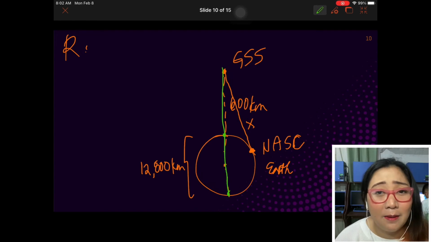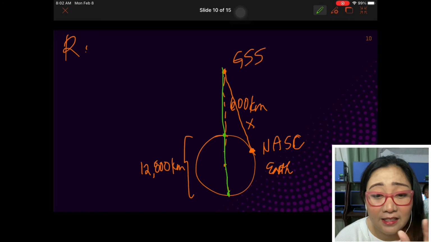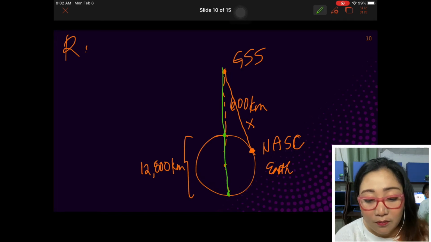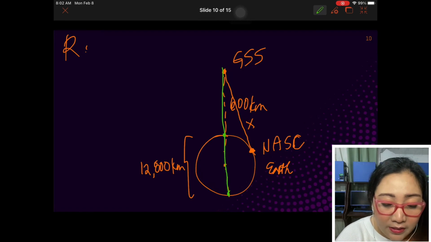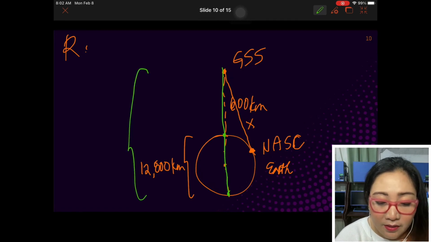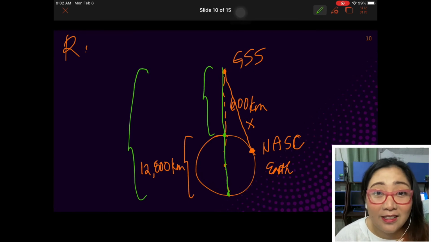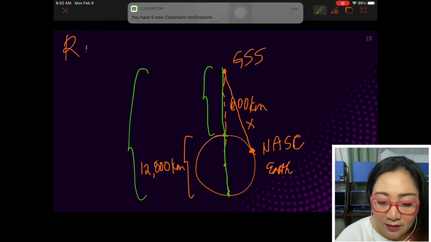At anong sinasabi ni tangent-secant power theorem? So, yung length ng ating tangent line squared, okay, equals yung length ng buong secant line times yung secant sa labas, or yung segment sa labas. Okay? So, how do we illustrate that? Lalagyan na natin siya sa ating equation. Ano po yung ating equation? Tangent, yung tangent line natin, hindi natin siya alam yan. So, tawagin na lang natin siyang x.